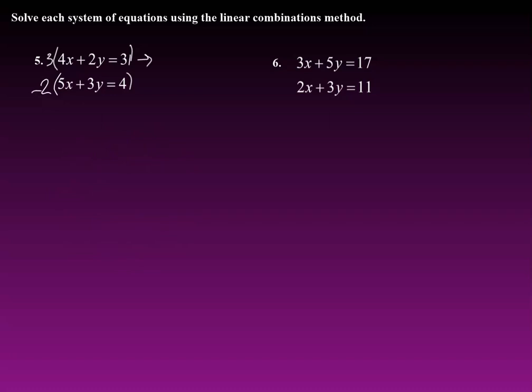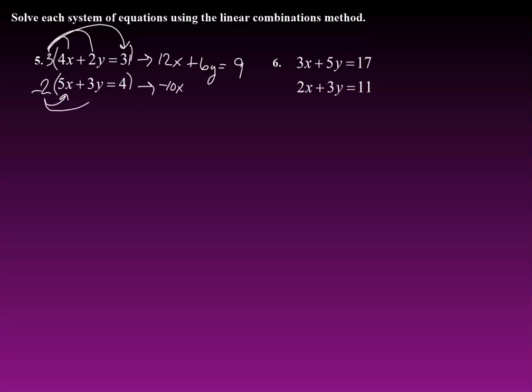So this first equation, we're going to say 3 times 4 is 12x. We're going to say 3 times 2 is 6y, and we're going to say 3 times 3 is 9. On the second equation, we're going to do negative 2 times 5x is negative 10x.